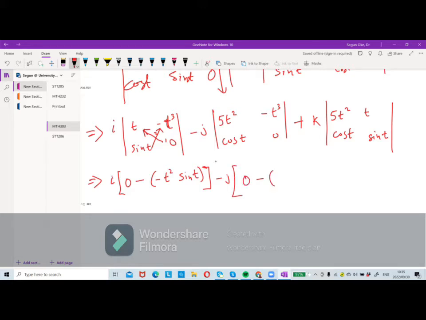Sir, the first one is t cube. So it's the same t cube here. So 0 minus this, minus t cube cos t, plus k.